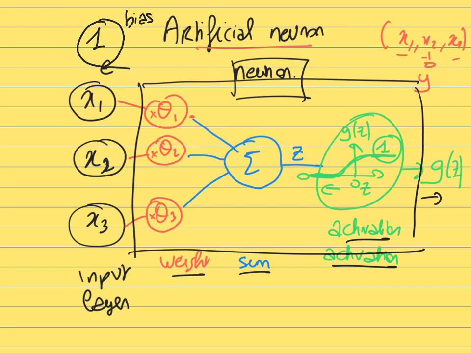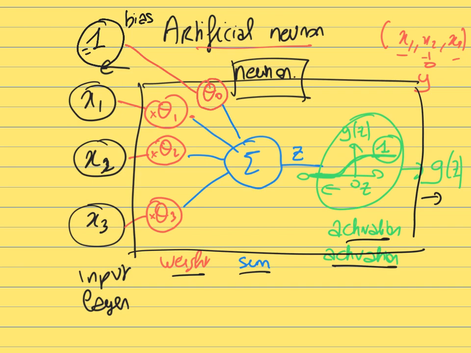It's always equal to 1. Then you are going to multiply this bias by another weight, which we are going to call theta naught, and this is going to be added to the summation.